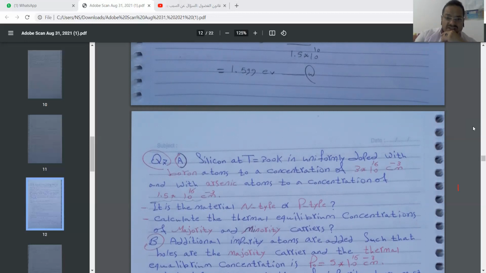The question is whether the material is N-type or P-type.